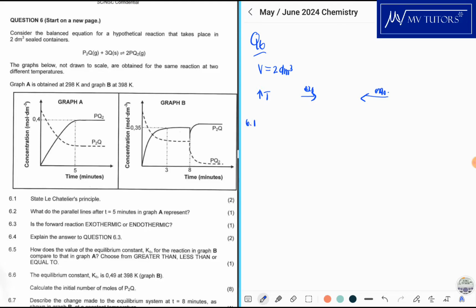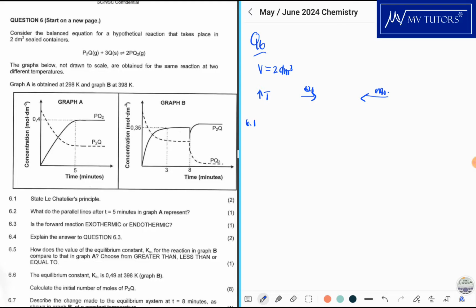6.1, it says state Le Chatelier's principle. Basically, Le Chatelier's principle says that if your dynamic equilibrium is disturbed, the position of the equilibrium will shift in order to counteract that disturbance.